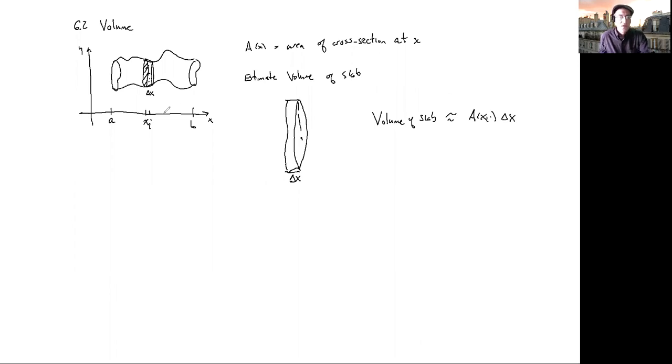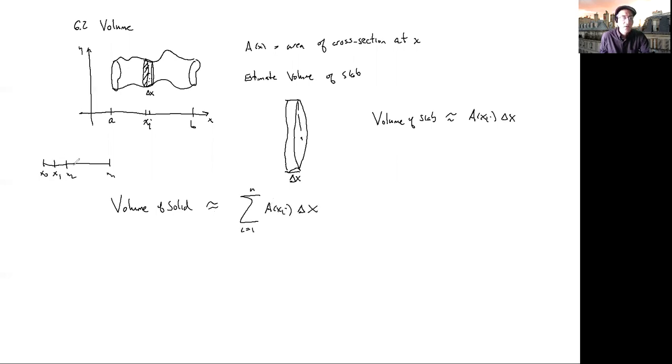So it's A of xi times delta x. Okay. So that's for each slab, and what we do in calculus was we chop up the interval a to b into a lot of subintervals, x0, x1, x2, etc., where x0 is a, all the way up to xn. And for each subinterval, you get a slab. And then we're going to sum up the slabs. So the volume of the solid is approximately given by, it's not exactly given by, a Riemann sum: the sum from i goes from 1 to n of A of xi times delta x.